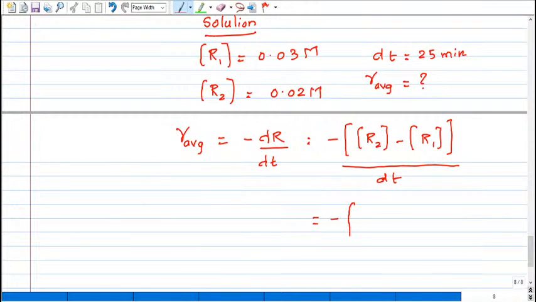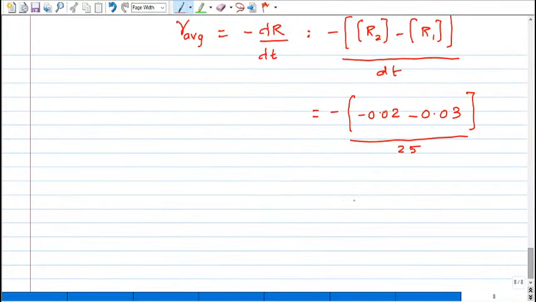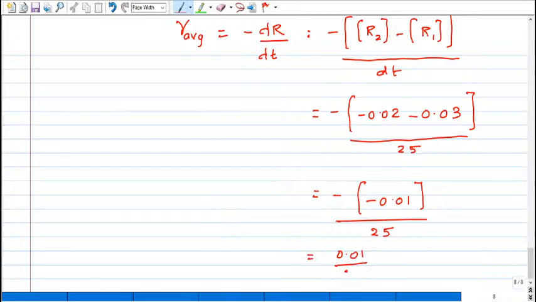So it is minus (0.02 minus 0.03) divided by 25. Then what will be our answer? We get minus (minus 0.01) divided by 25.